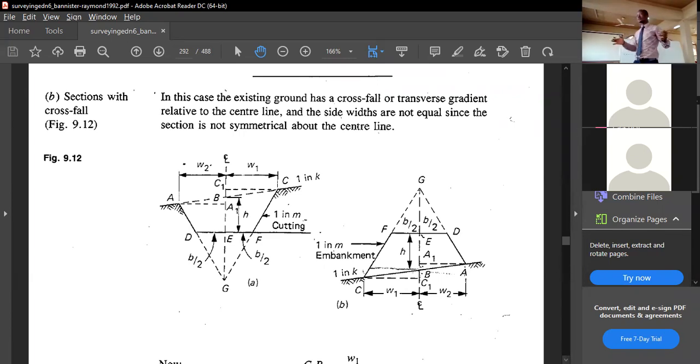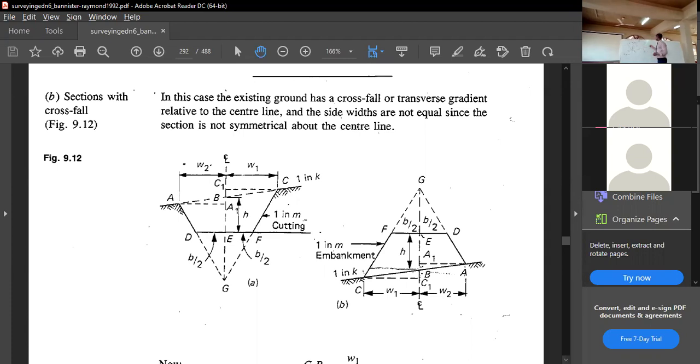Note how here we have just W1. If you look at the derivation, you understand why we have W1 here, and now we have W2. H is referenced to the projection of the center line.